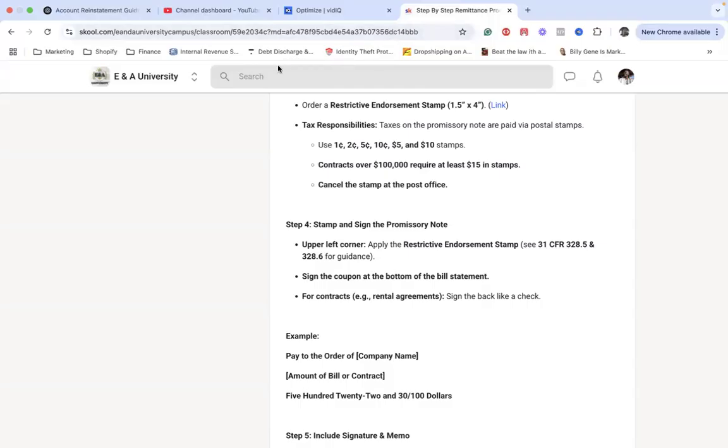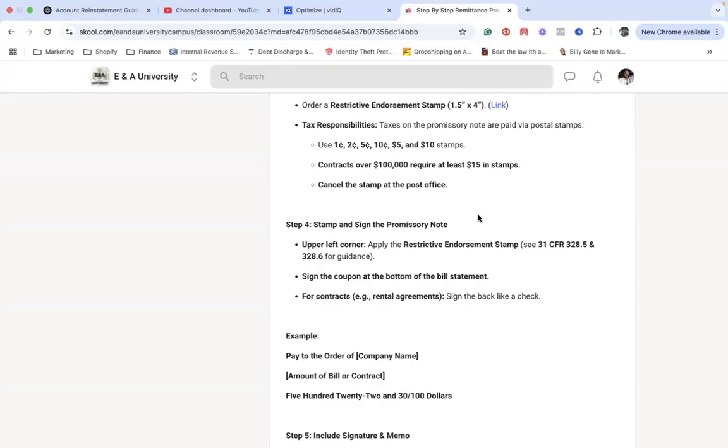When people are talking about taxes, everything's a tax. Go ahead. What do you mean by the stamps, like when you say use $1, two? Yeah, if you want to order 1 cent, 2 cent, because not all your bills are going to be large. You're paying based off of the amount and the value on it.